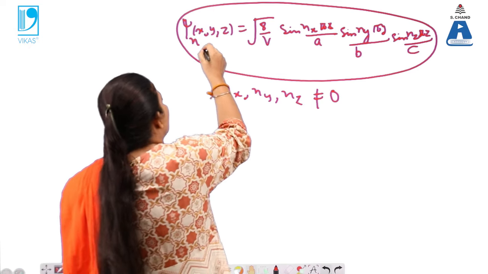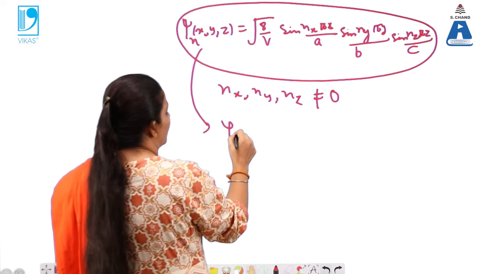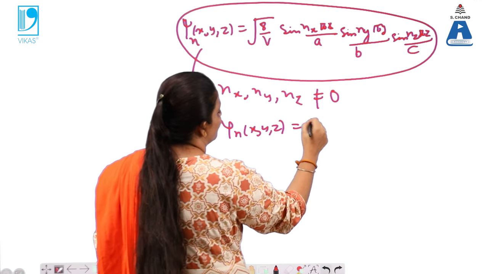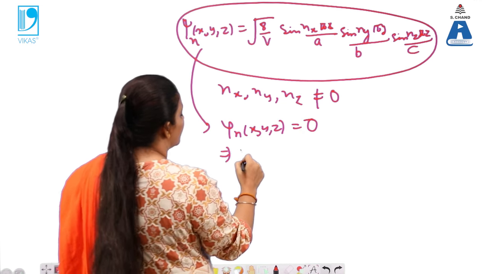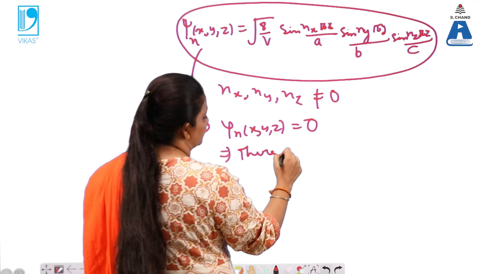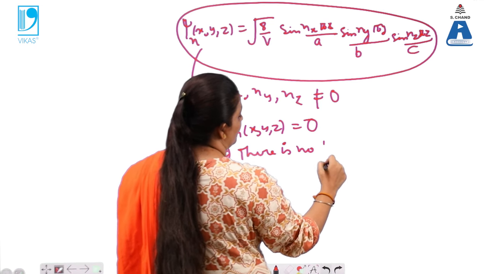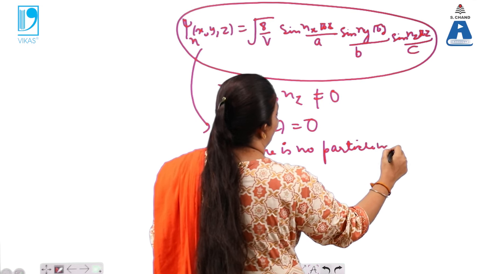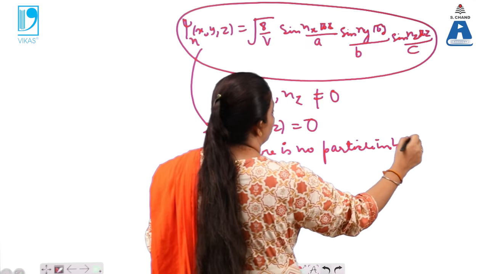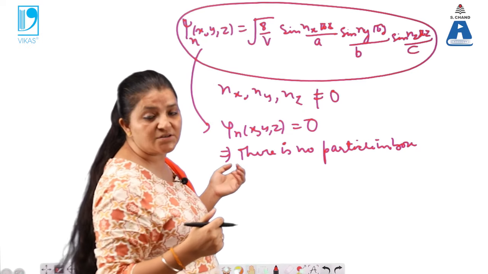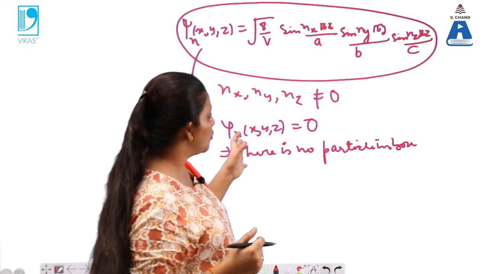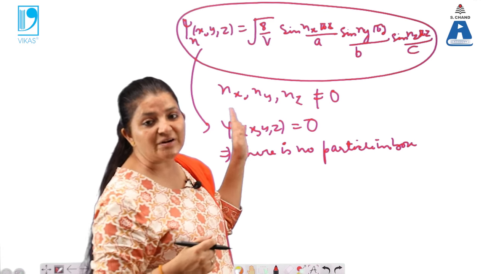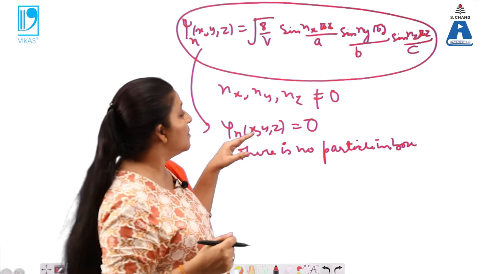If the wave function psi n becomes 0, this implies there is no particle in the box, which is opposite to our first assumption, according to which we assume that the particle remains inside the box and matter waves are associated with the particle.